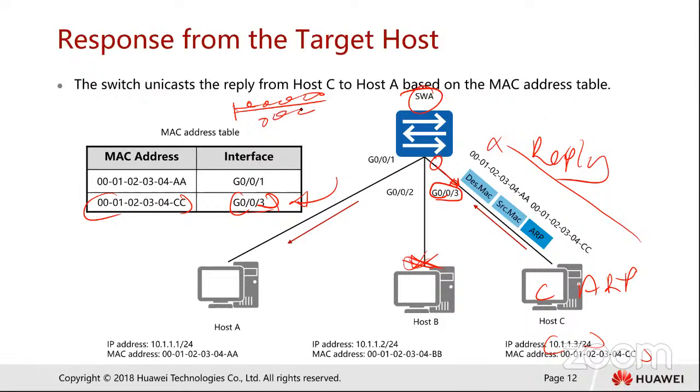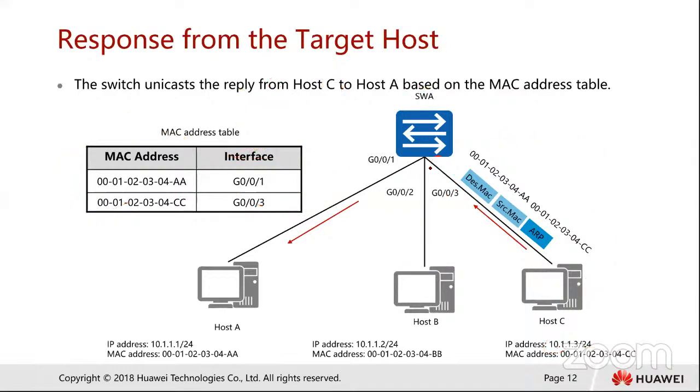But how is it able to know that the packet has come in from this cable, which is connected to a computer somewhere? How is it able to know that it should not send to this interface or that interface? By storing the details here, knowing that whenever it's this MAC address, I'm going to send the packet through this interface. And if I send it through this interface, I'll be able to communicate with host C using that MAC address.